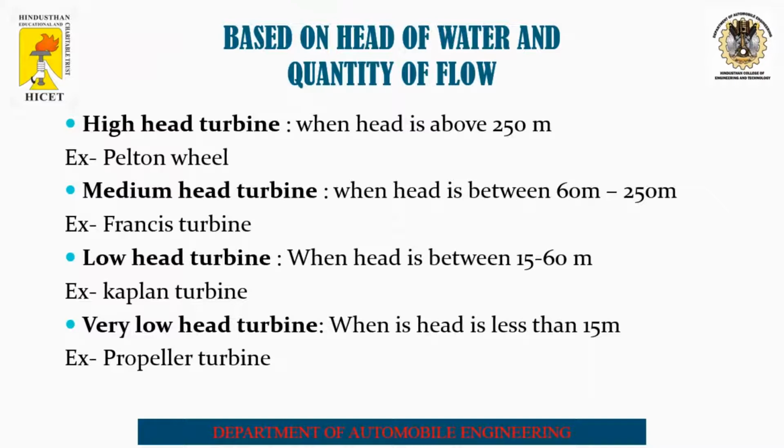Next, we have the low head turbine, for heads between 15 and 60 meters, where the energy is harvested with the help of the Kaplan turbine. Finally, we have the lowest and most basic form of turbine, known as the propeller turbine, which is not much used for industrial power producing applications. But anyhow, when we have less than 15 meters of head, only the propeller turbine can be used.